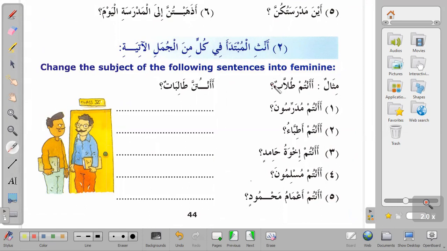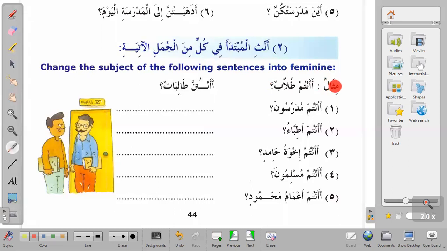Ta'nis, we are going to make feminine. Something is written in masculine, and you are going to make it feminine, literally or figuratively. We are going to change.